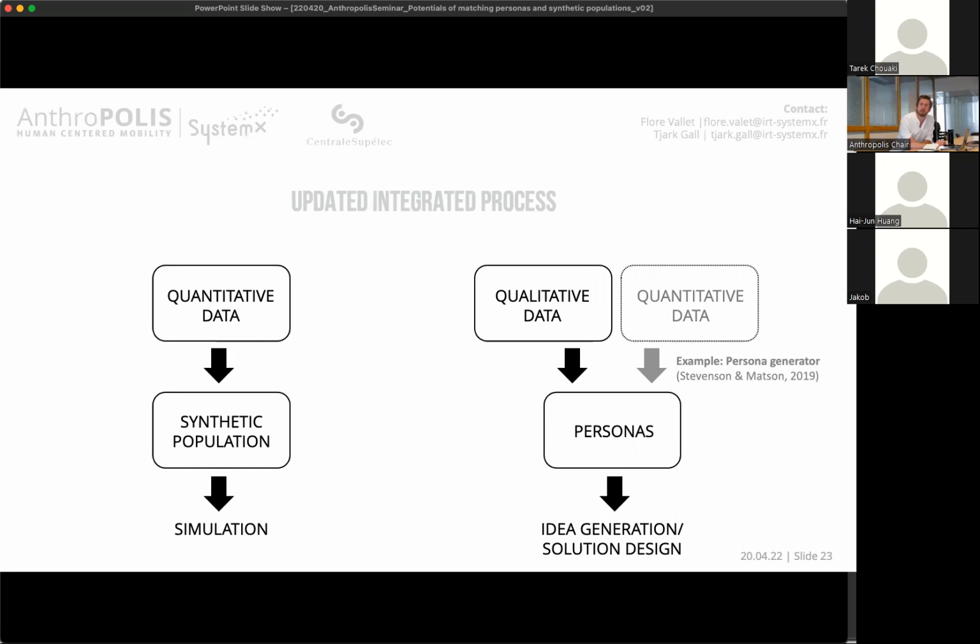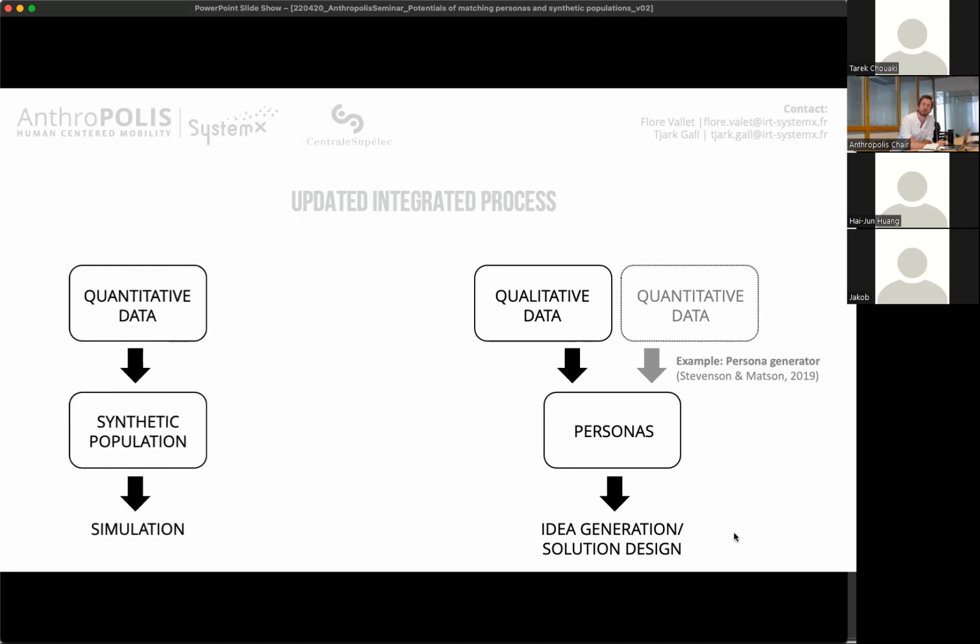And to summarize that part a little bit, this goes back to the initial diagram which Flore was presenting earlier. So at the moment you have the separated process on the simulation side: quantitative data, synthetic population, simulation. On the other side, you have the design part for idea generation, solution design, and so on, focusing on qualitative data, partially supplemented with quantitative data, leading to personas and informing the process.